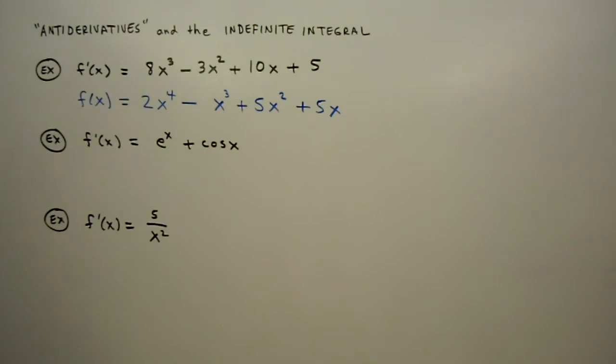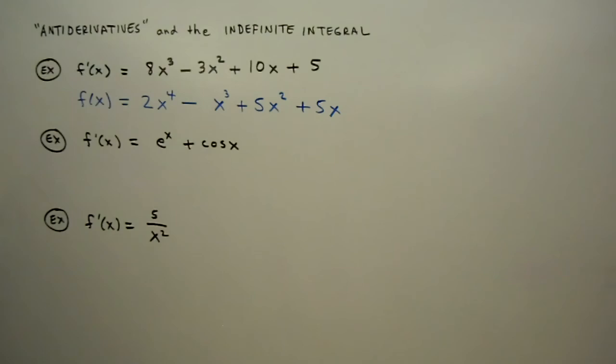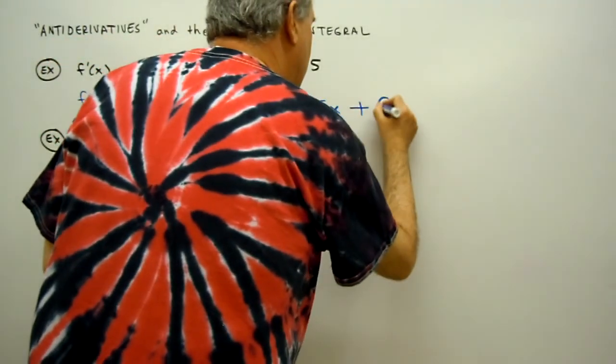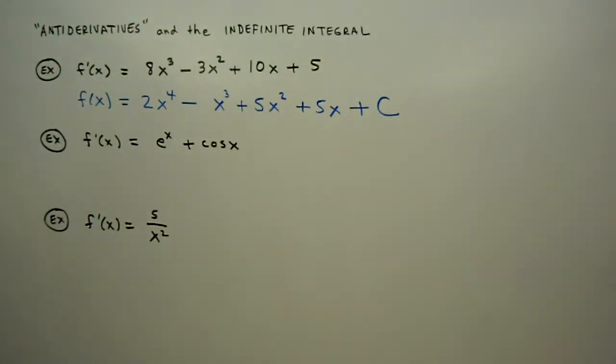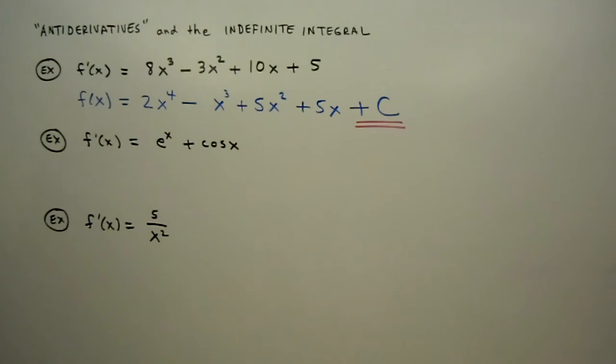All right, so it appears that this is the antiderivative of the derivative 8x to the third minus 3x squared plus 10x plus 5. But is that all? Remember that when you took derivatives, you may have also had a constant term whose derivative would have been 0. So in general, when we find an antiderivative, we want to write down plus c to indicate that we might have had a possible constant that could have had that for a derivative.